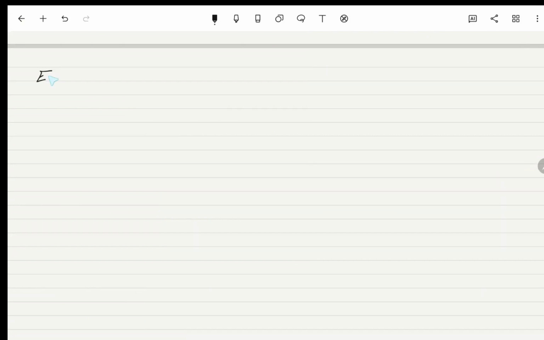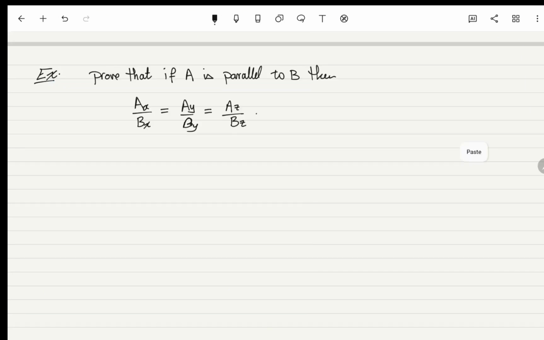Example, prove that if A is parallel to B, as vectors, then AX over BX equals AY over BY and equals AZ over BZ. Solve this one.